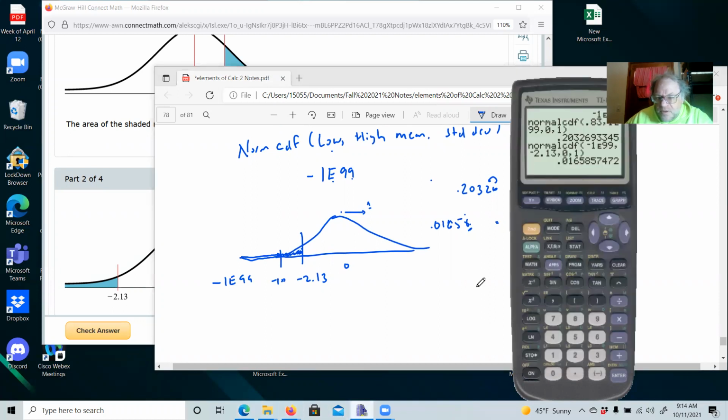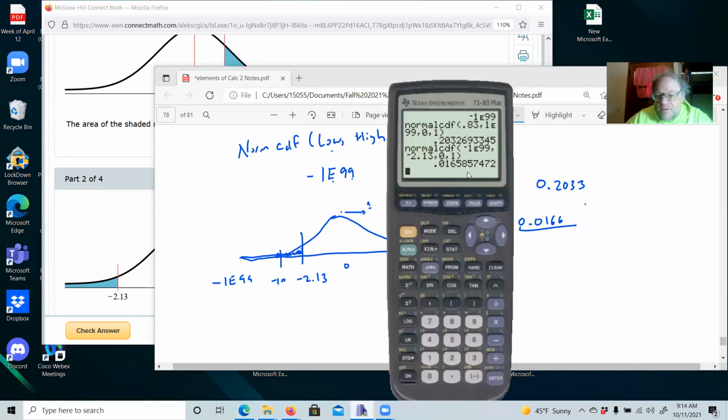So you look at this number, we'll have it still up here. It's second function distribution, CDF. We're going to say negative 100 up to negative 2.13, and then we have our 0 and 1. Look at that, 1, 6, 5, 8, 5, 7, 4, 7.